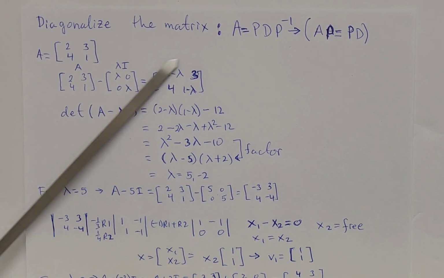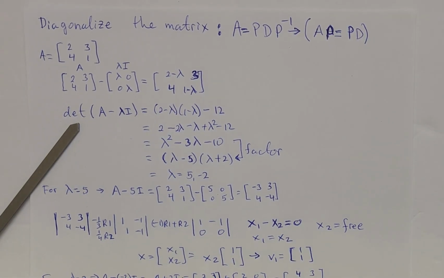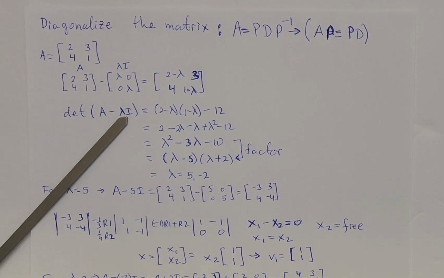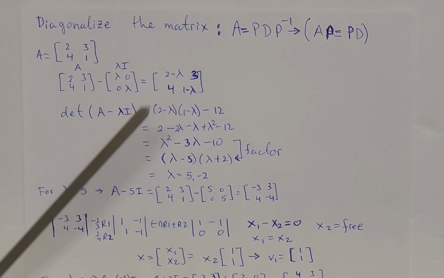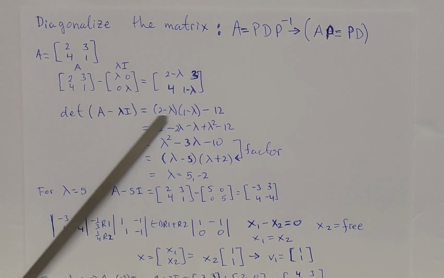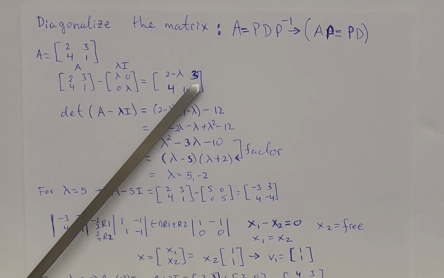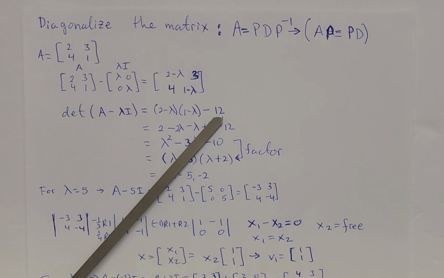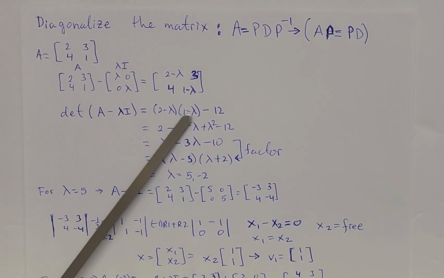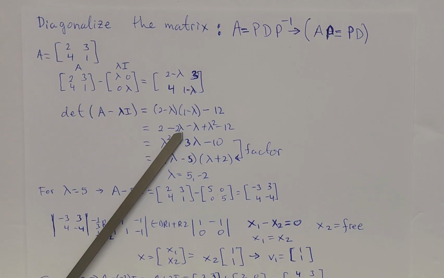Next, we will take this matrix and find the determinant of it. So find the determinant of A minus lambda times I, which is this right here. Since this is a 2 by 2, it's A times D, which is here, minus 3 times 4, which is here. Now just multiply it out. 2 times 1 is 2. 2 times negative lambda is negative 2 lambda.